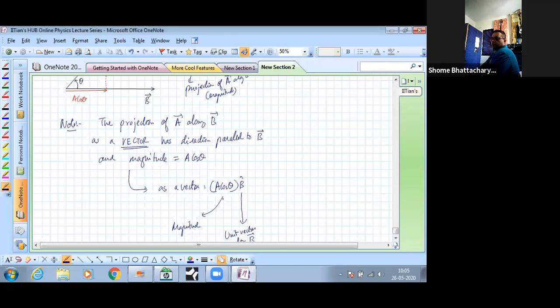So now we are expressing it as a vector: the magnitude, which is A cos theta, multiplied by the unit vector, which is giving it direction. When we do this with an example, you will understand even better.